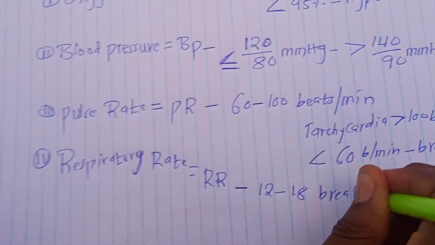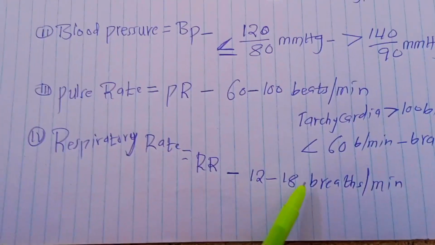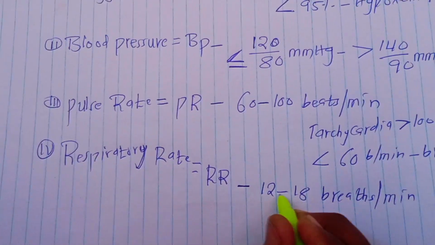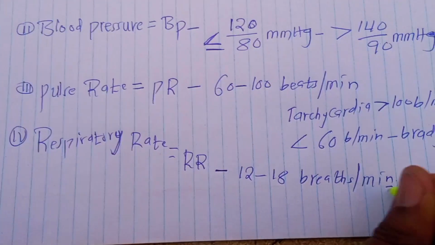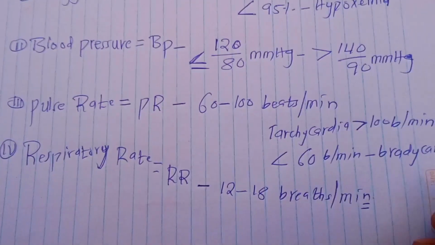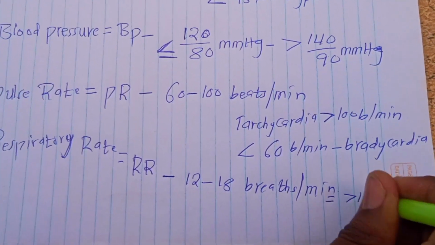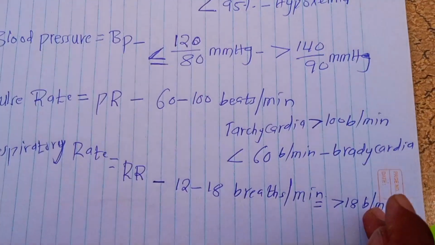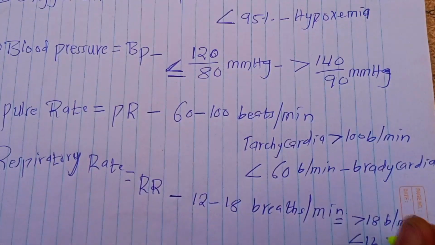Any value greater than 18 breaths per minute is considered to be a high respiratory rate.